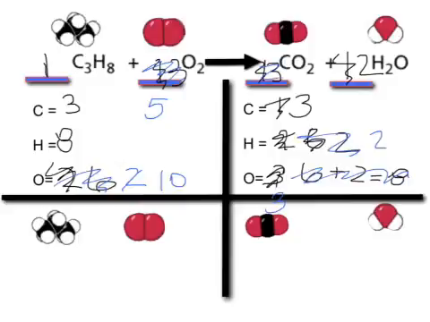Then if we tried and put maybe a 3, there would be 3 carbon and 6 oxygen, plus the one over there, so 7 oxygen.